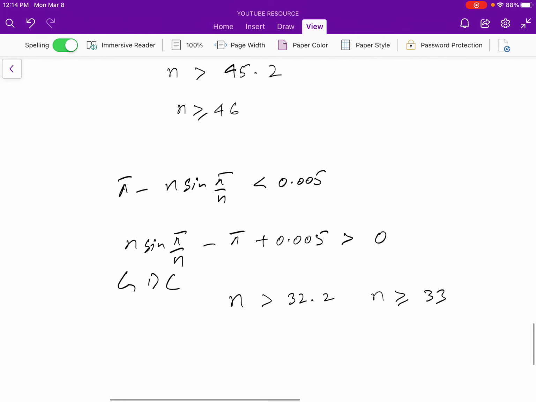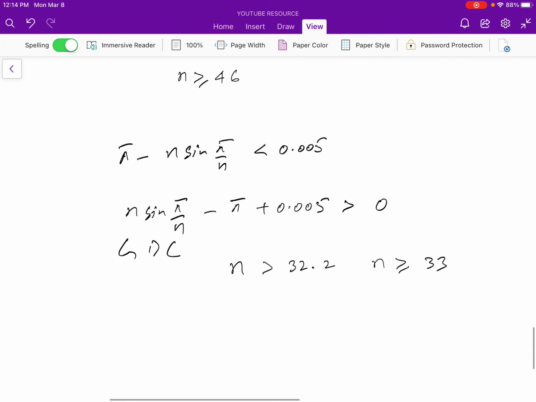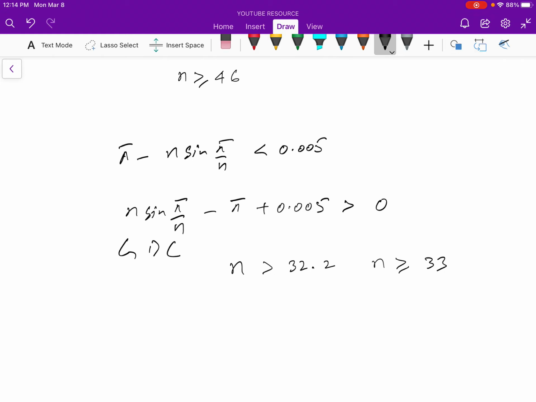So if we combine both the inequalities, our answer should be n greater than or equal to 46. So for n greater than or equal to 46, both the bounds, the lower and the upper bound, will be within 0.005 of pi. So this is the least value of n. So for the least value of n, you should write n equals 46. That's the solution of this question.